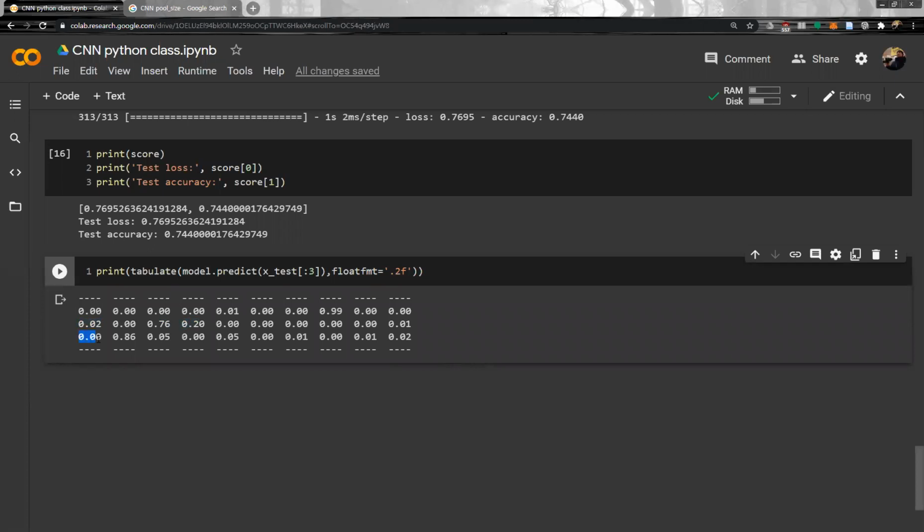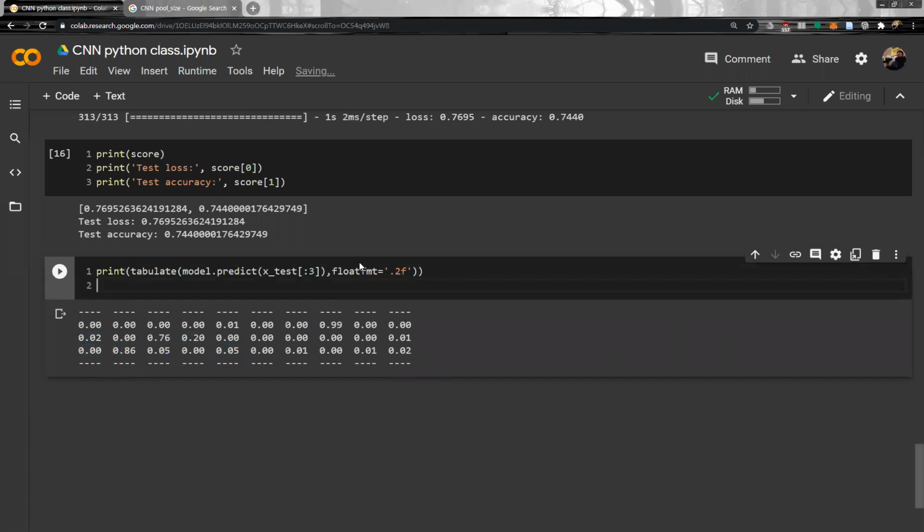How about the third test image? It is 86% of the 1, right? And then well, 5% of the 2, interesting, and 5% of the 4. How about the actual result?